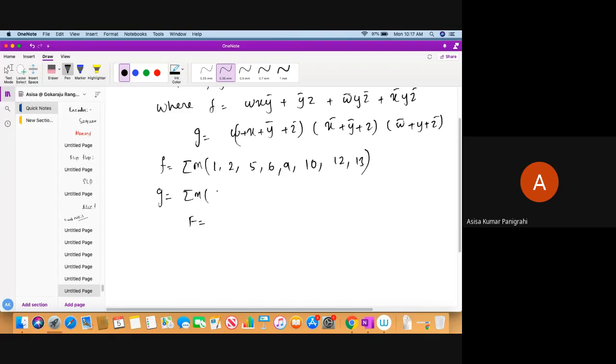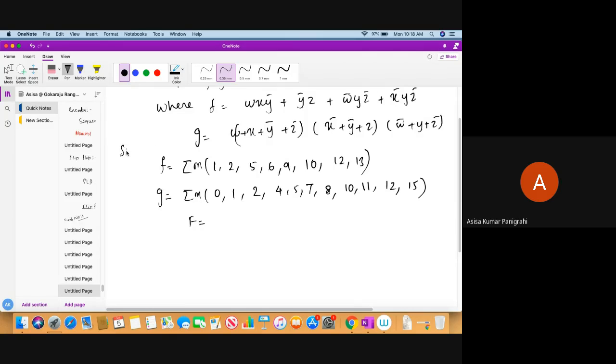For g, we got 0, 1, 2, 4, 5, 7, 8, 10, 11, 12, 15. So we got two functions in this way.